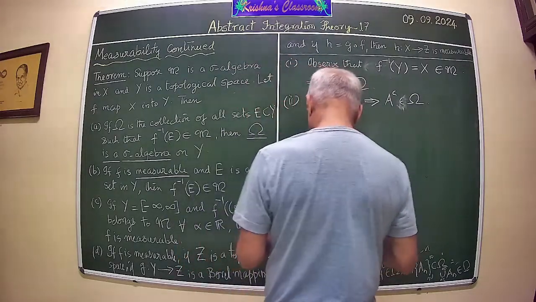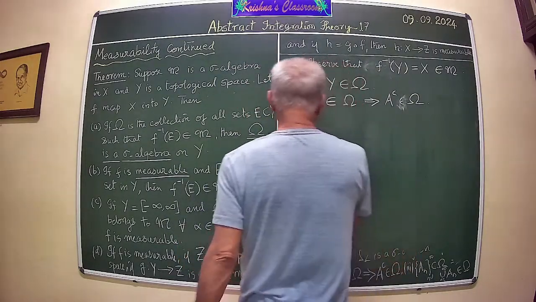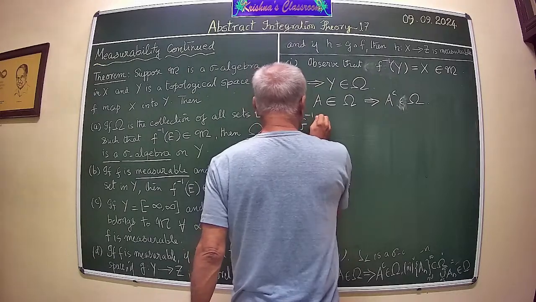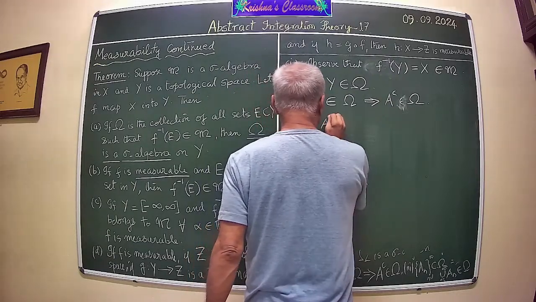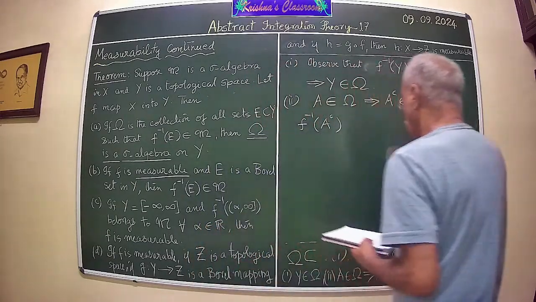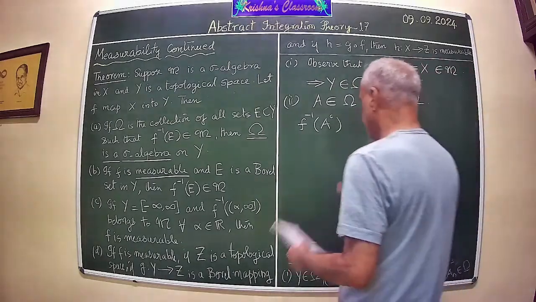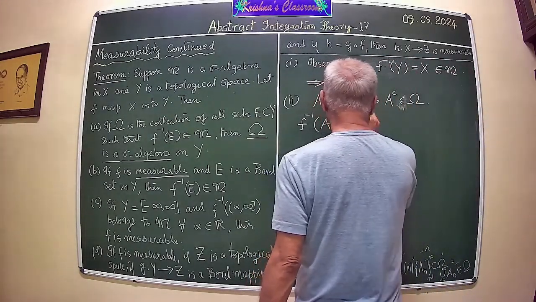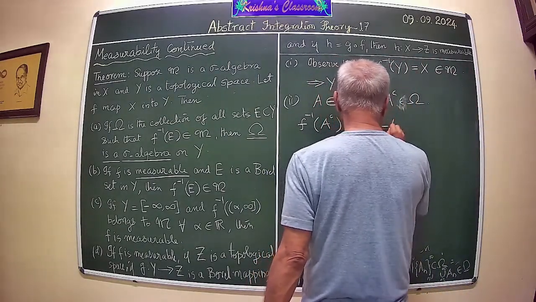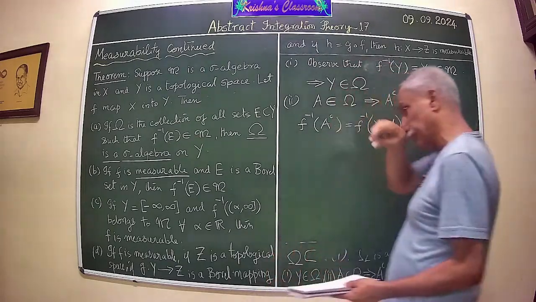Now you see that, let's work out f inverse of A complement. F inverse of A complement is essentially F inverse of minus A, because A is contained in Y.